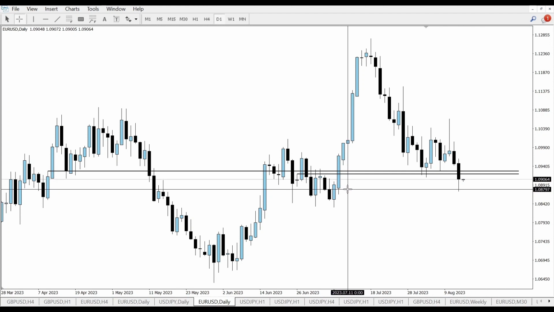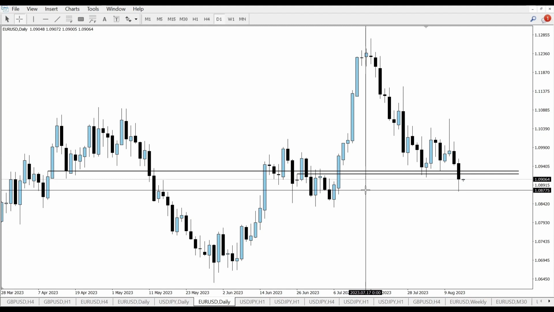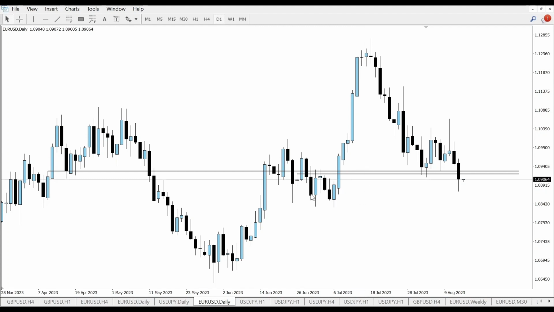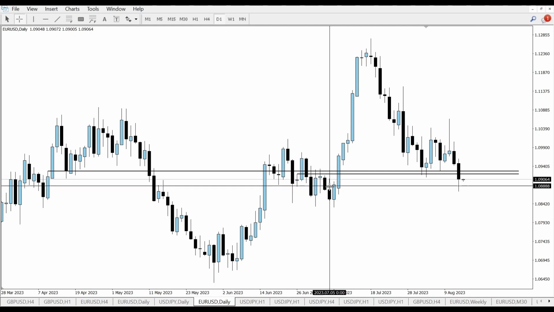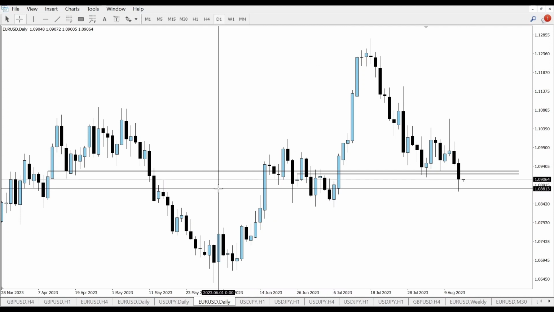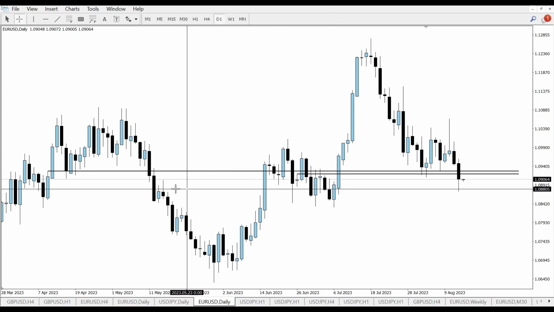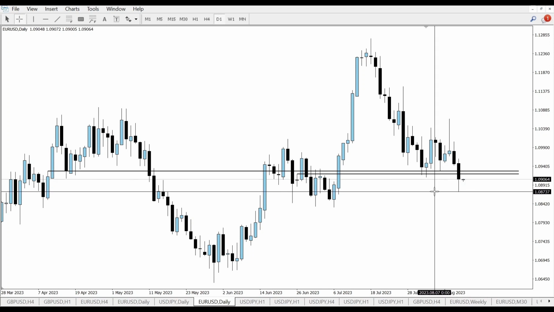So in this example, I'm going to incorporate one of the PD arrays that we have already talked about in the previous video, which is the order block. So for tomorrow's trading, or should I say current trading day, I will use the order block open as my key level 1, because if we go to the left, there's not a whole lot of fair value gaps that we can use for our forecasting.